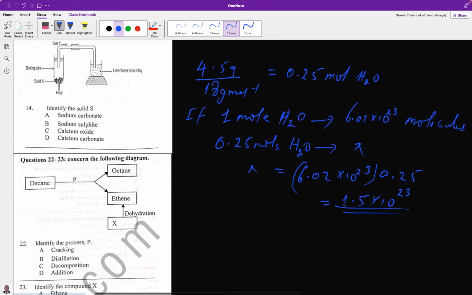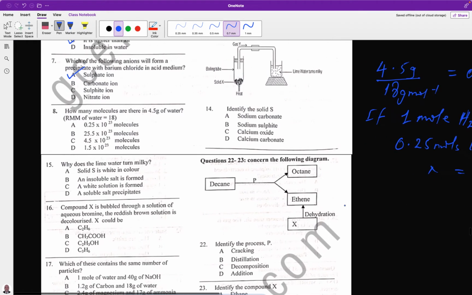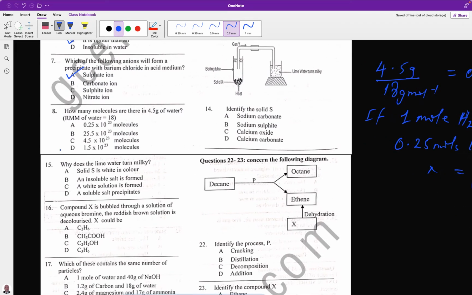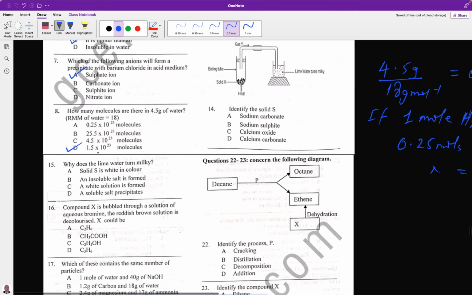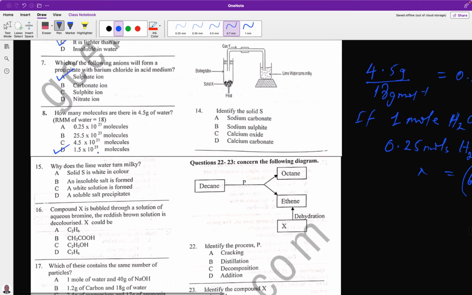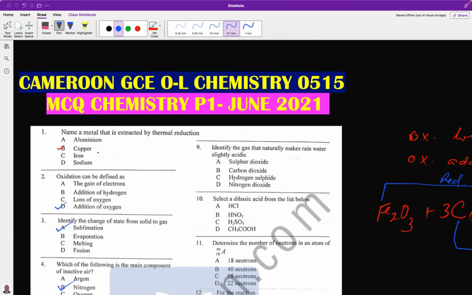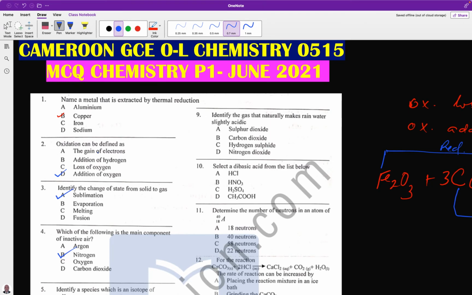And if we check our answer column, D is the right answer for question number 8, molecules. So that is the right answer. You have to convert the grams into moles, and then you do your simple proportion. Thank you. We have to go to question number 9.